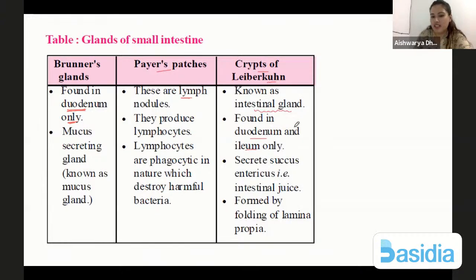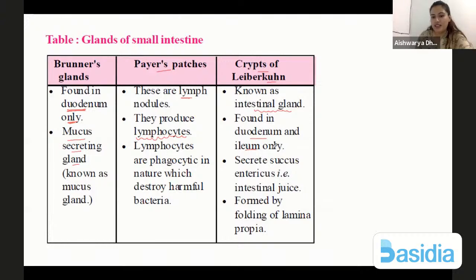So most of the intestinal juices are secreted by crypts of Lieberkuhn. They are mucus secreting glands, Brunner's gland. Peyer's patches produce lymphocytes. Lymphocytes are basically for immunity, so they are phagocytic in nature and destroy harmful bacteria that might be present in your food or whatever you've taken in.